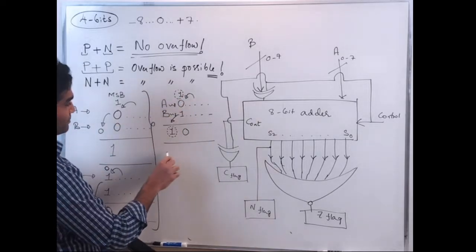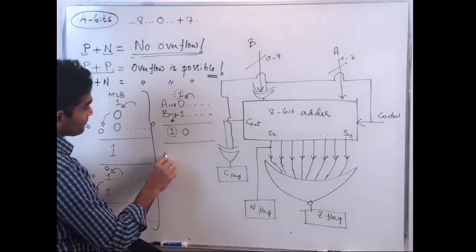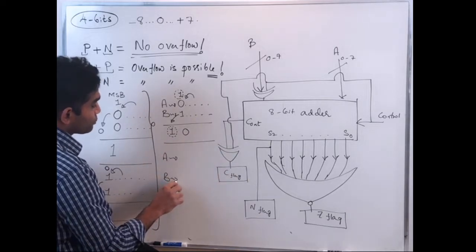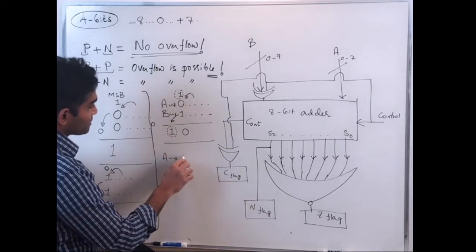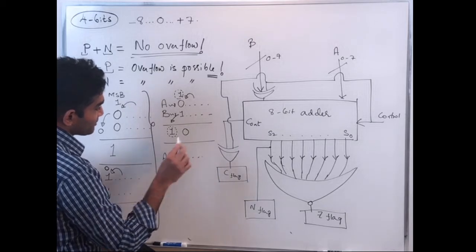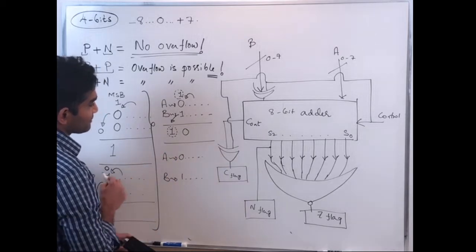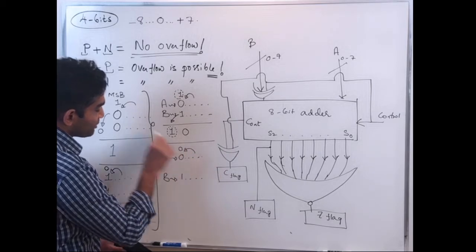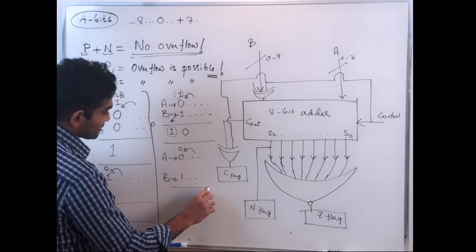In one case. Let's say the other case would be, again you have A and B. I'm adding a positive number to a negative number. That's 0 followed by some bits, 1 followed by some bits. Let's say in this case I have a 0 as my Cin to the most significant bit position. So what do I get?